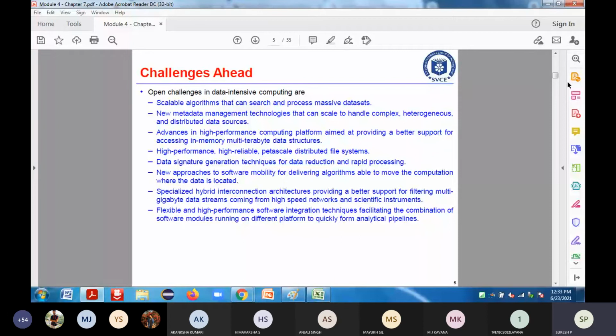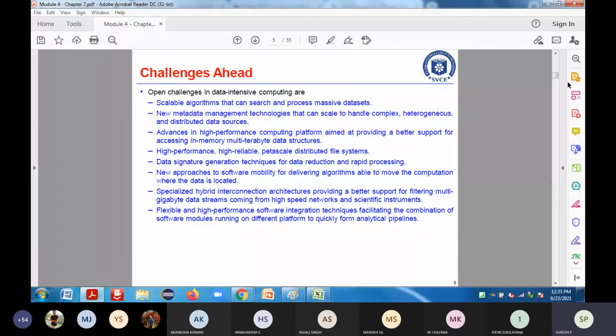So you have to have the proper metadata management techniques. One is that a scalable algorithm should be there, to search and process the massive data set. Second, you should have new metadata management technology to handle complex, heterogeneous, and distributed data sources.